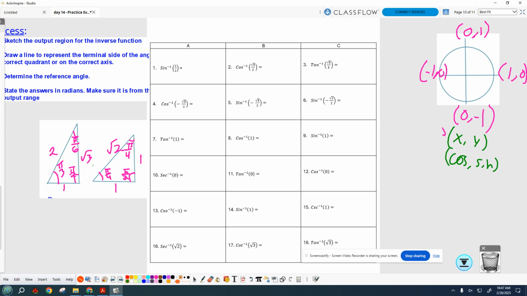Pi over 6 is the small one, 1, 2. Yeah, okay. Got those? And really, like I say it every time, across from pi over 3 is root 3. And then hopefully you can put the 1 and the 2. The 1 goes on the smaller one, the 2 goes on the bigger one. Good?